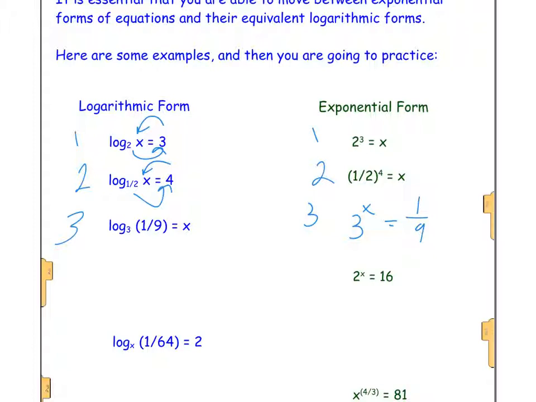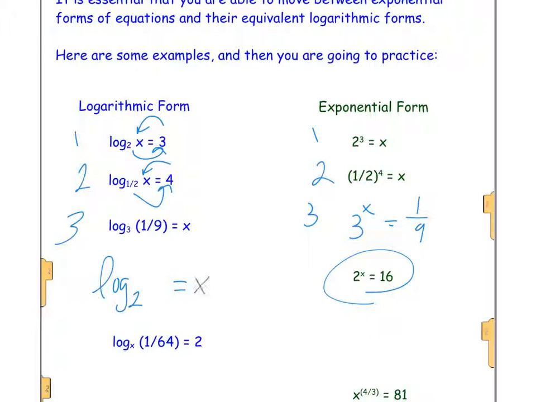Now, let's go backwards. How do I go from 2 to the x equals 16, put it into log form? I said earlier, start with your base. If the base of the exponential function is 2, then the base of my logarithm is also 2. Picture your log loop now. Your log loop would start from 2 and be raised to what power? The x power.